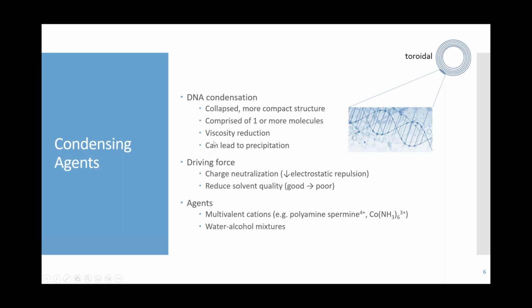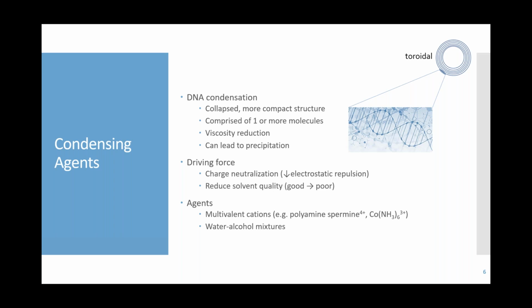And if you add in excess of your condensing agent, or perhaps specific types of condensing agents, this can lead to precipitation, and you can crash out the DNA. Some of the structures that are seen, these condensed or collapsed structures, are rather than that worm-like or random coil type state that I had previously discussed.